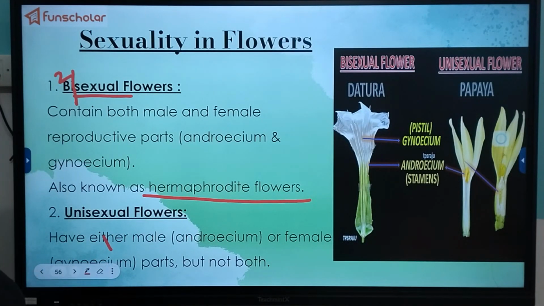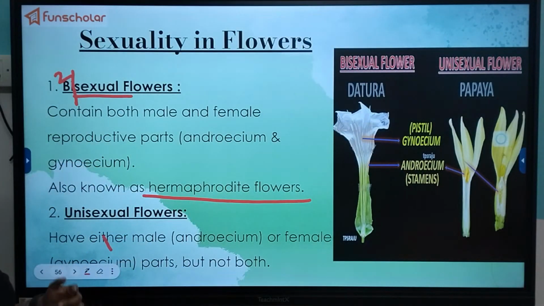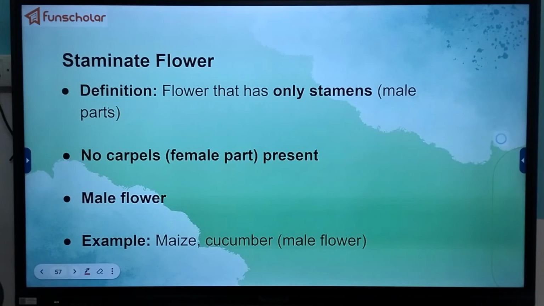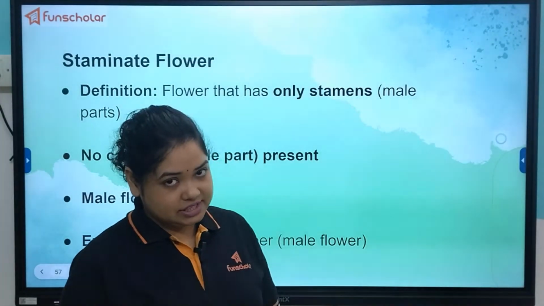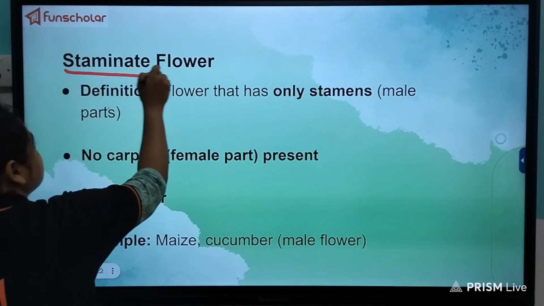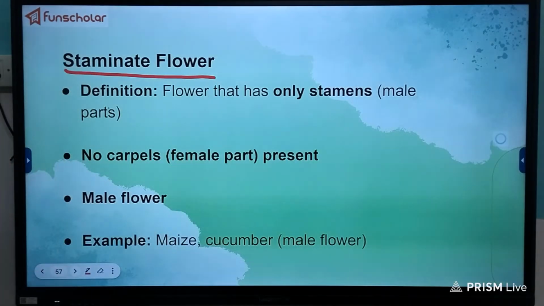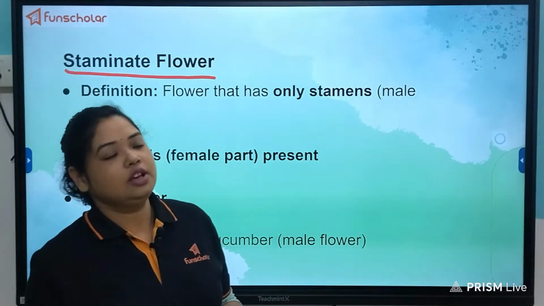On the other hand, unisexual means either the androecium or the gynoecium will be present, but not together, because uni means one, and sex means either the male part or the female part. Now, staminate flowers. Unisexual flowers which contain the male reproductive system or the stamens only are known as staminate flowers, and obviously no carpel or female part will be present.